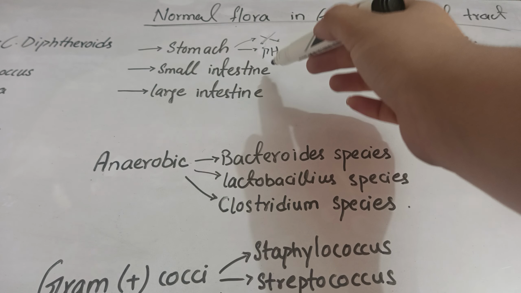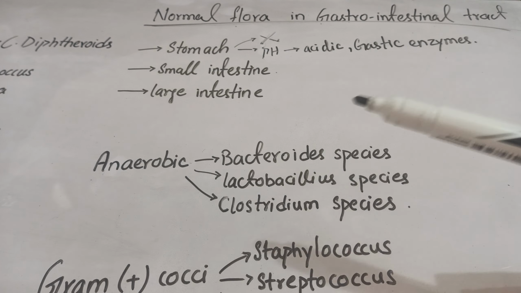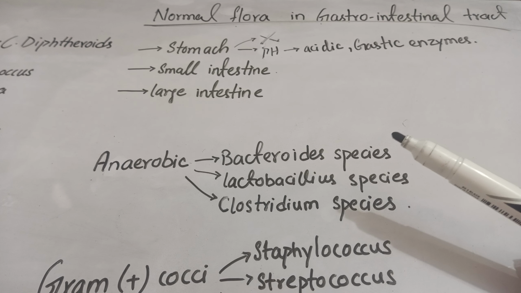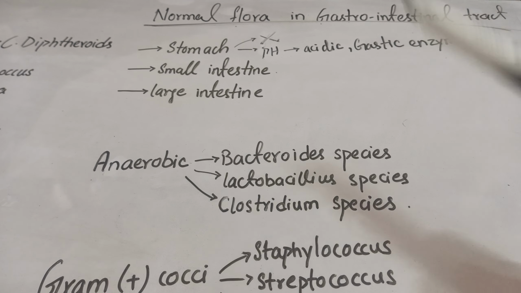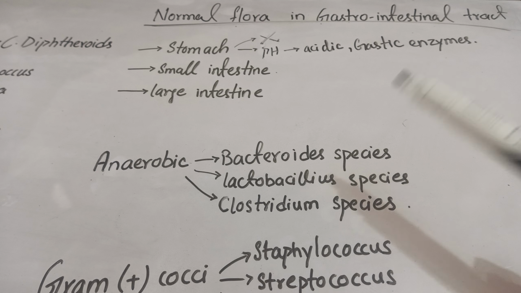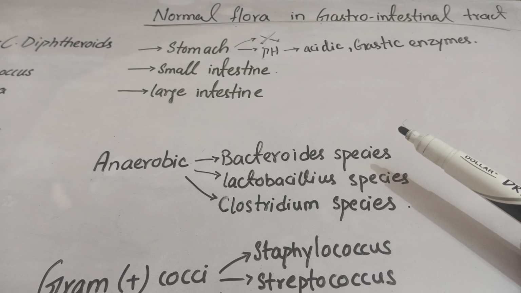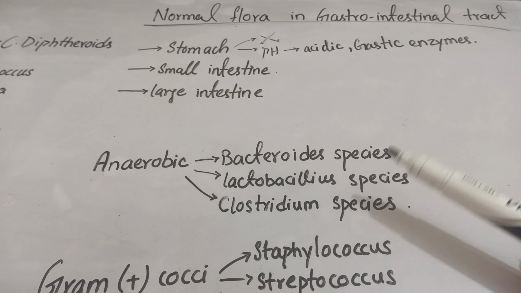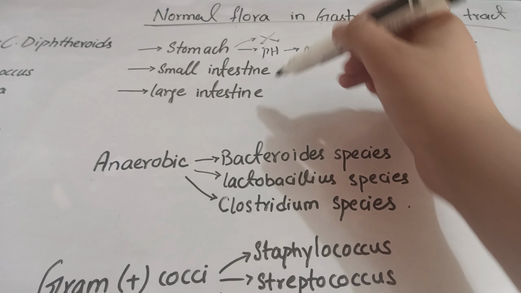Now let's discuss the small intestine. Your small intestine again consists of two parts, the upper part of the small intestine and the lower part of the small intestine. The upper part contains no normal flora, but the lower part of the small intestine can contain a few bacteria. Now take the large intestine.